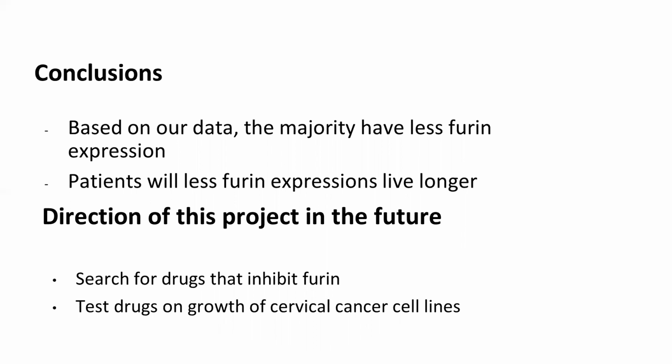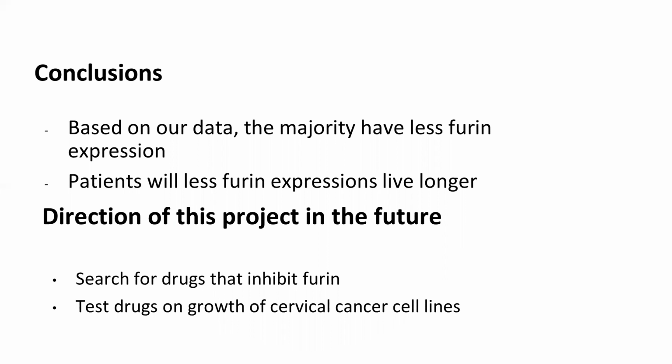So if we can find any ways to reduce furin expression in the human body, then patients that have cervical cancer will have a longer lifespan than people that have a higher furin expression.